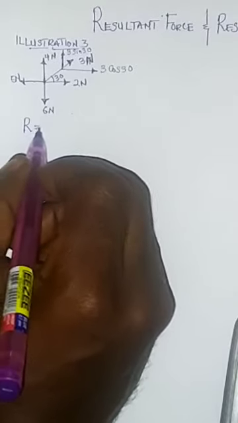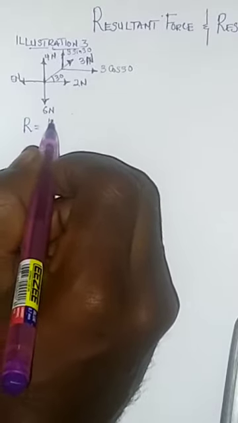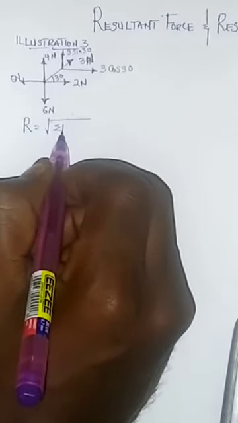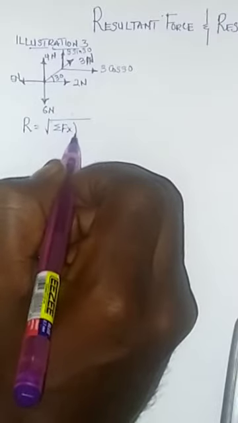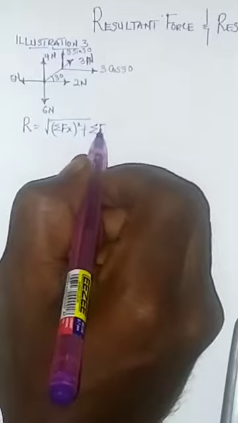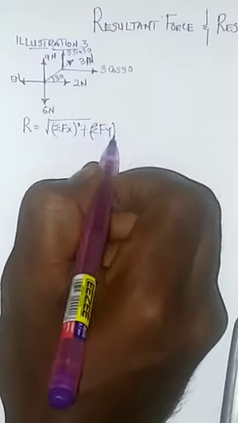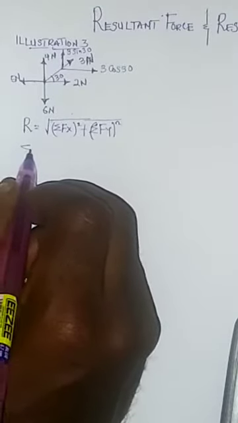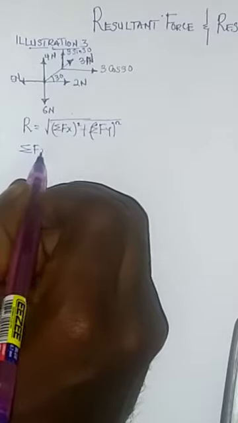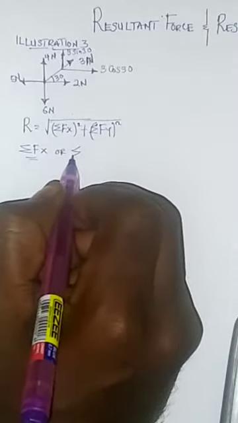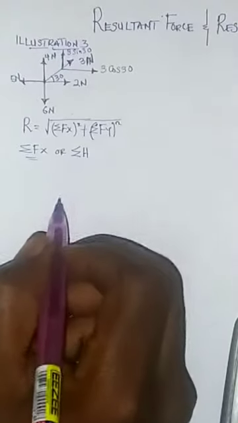So we know from the beginning that the resultant force is the square root of the summation of F of x all squared plus the summation of F of y all squared, right? So now we'll look for the summation of F of x, or EH. Let's see how it goes.